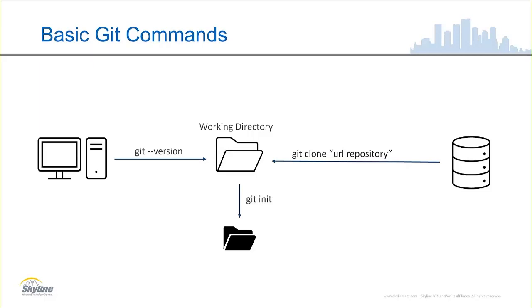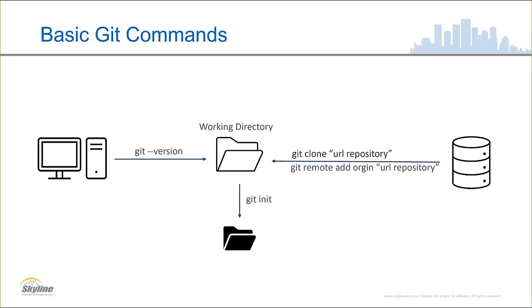So you can go from a command line and type in git clone and the URL of that repository, and it will clone. In other words, it takes a full copy of everything that's in that repository and pulls it down to your local computer. And now you've got everything that's in it, and you can start working on that code.